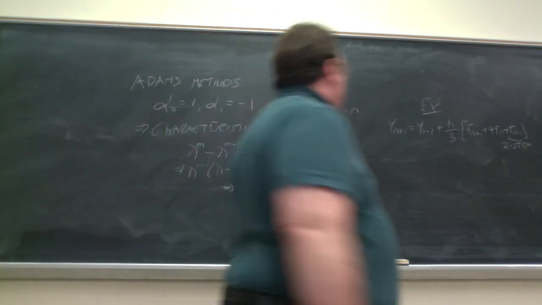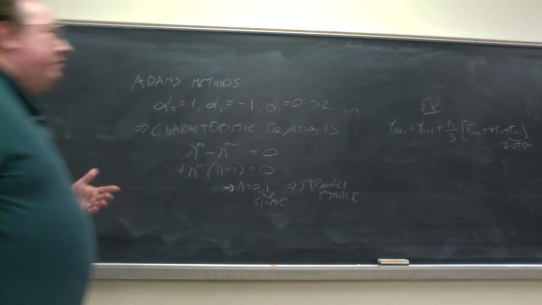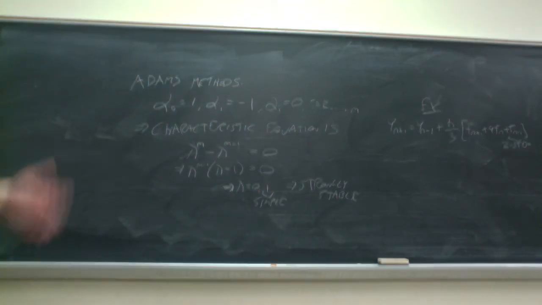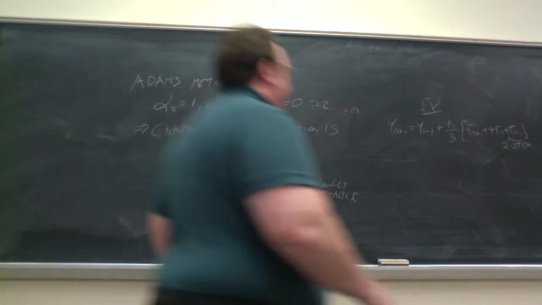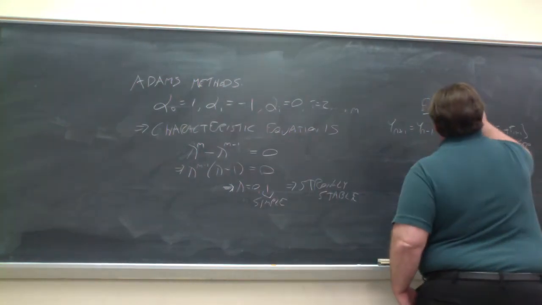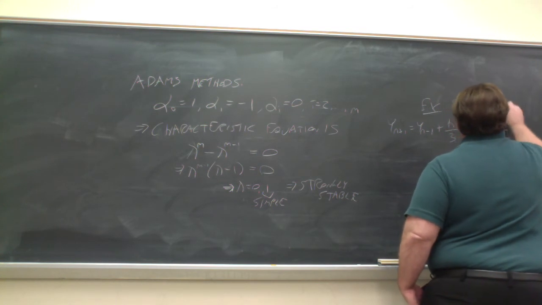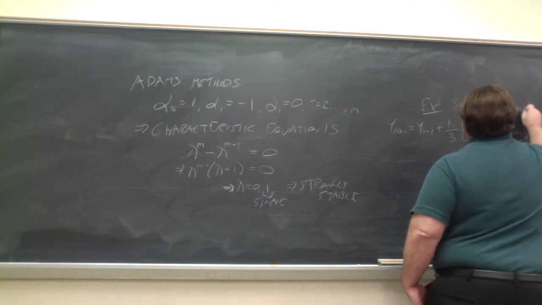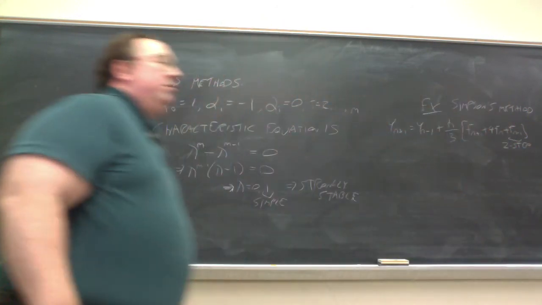So here we have y_{n-1} rather than y_n. If it was y_n, it would be an Adams method, but it's not. And this is called Simpson's Method. The reason why it's called Simpson's Method is that this is based on Simpson's rule for numerical integration.